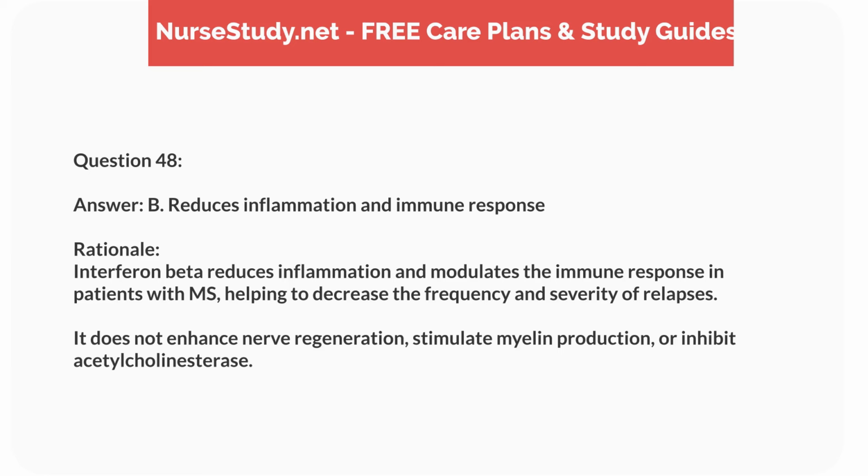Answer: B. Reduces inflammation and immune response. Rationale: interferon beta reduces inflammation and modulates the immune response in patients with MS, helping to decrease the frequency and severity of relapses. It does not enhance nerve regeneration, stimulate myelin production, or inhibit acetylcholinesterase.